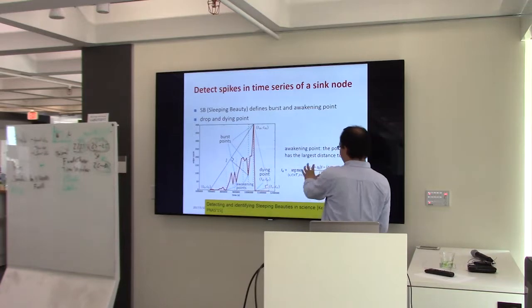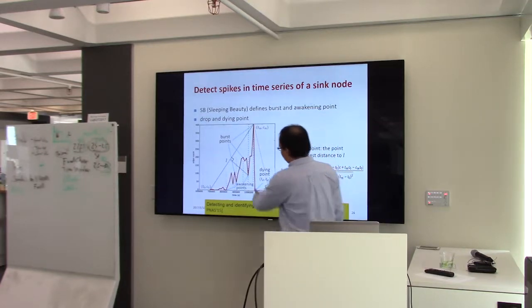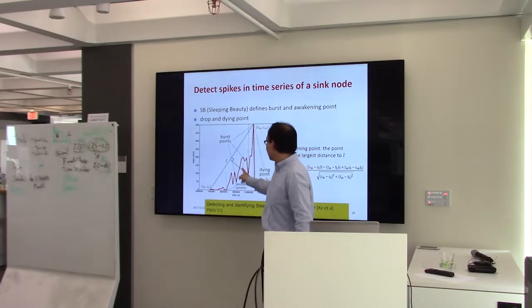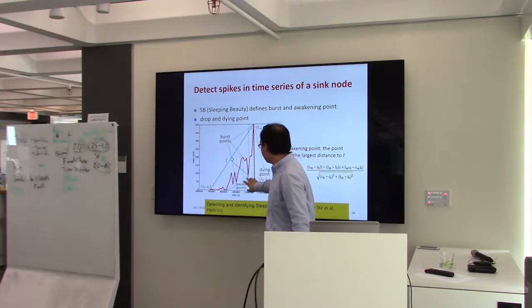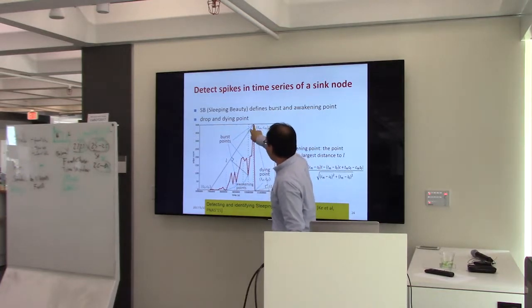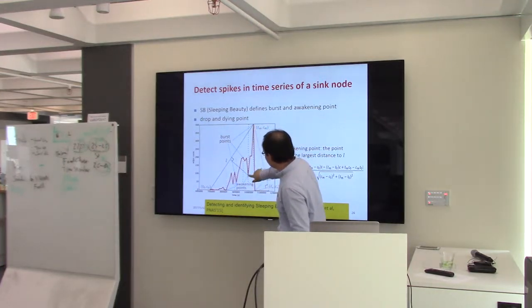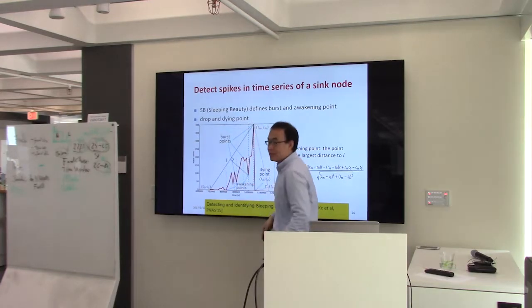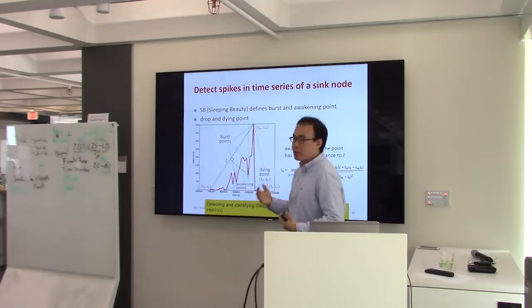This is the equation, a very simple equation for the distance from a point to a line. They call this the waking point, and this is the bursting point. The highest point is obviously also the bursting point. So we can use the slope from the waking point to the bursting point, and also the distance between those two points, to measure the burst.